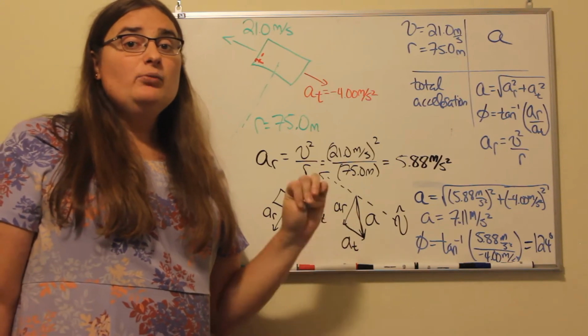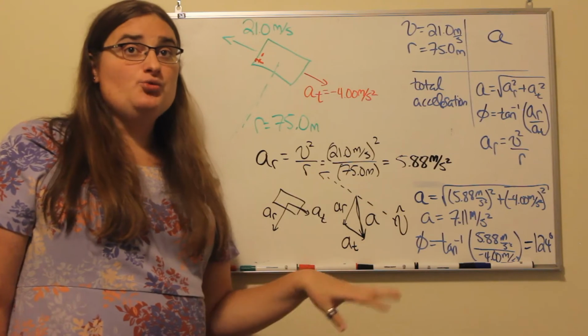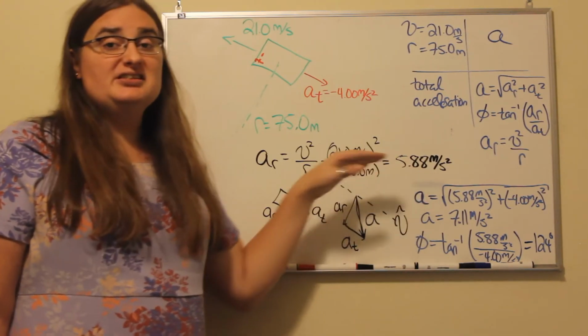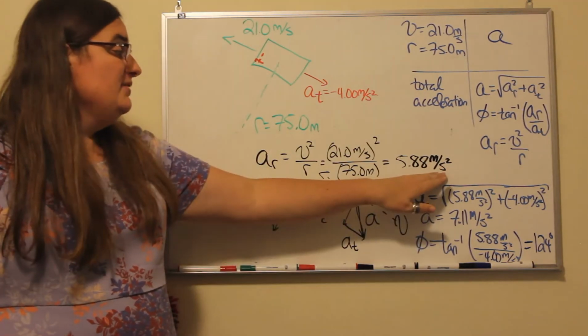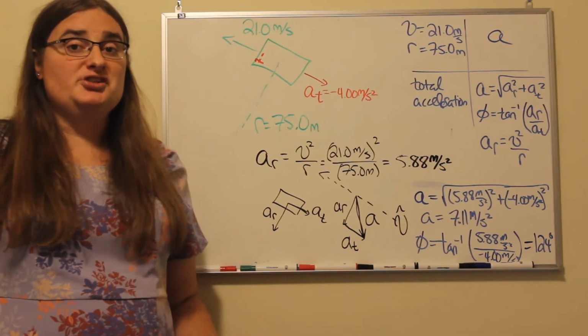And it's very likely that your tires would start squealing in protest or possibly even slipping, because depending on road conditions, this can be more acceleration than your car may be capable of producing.